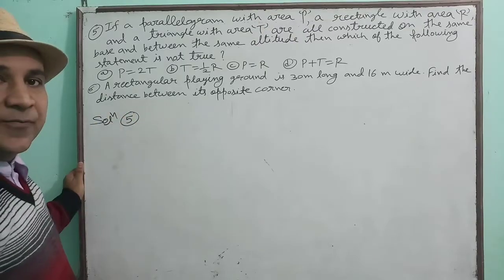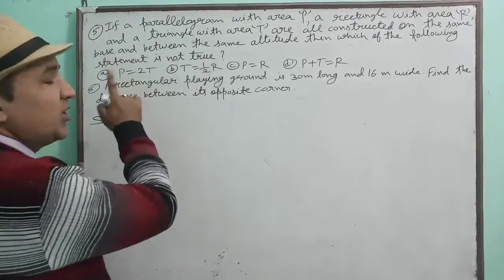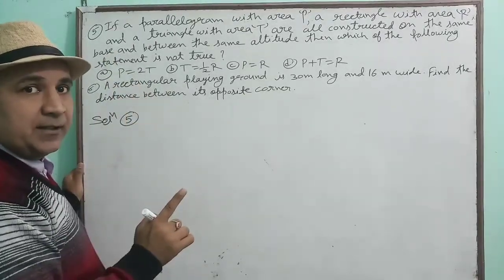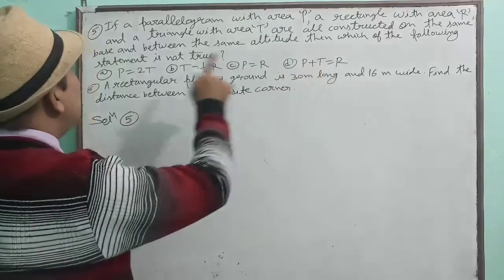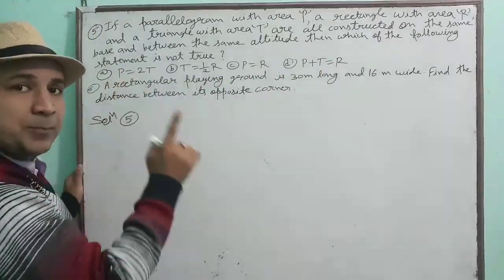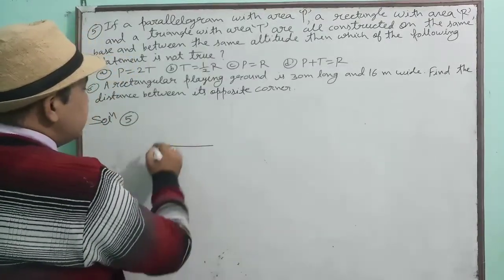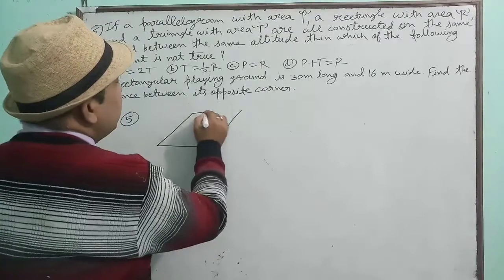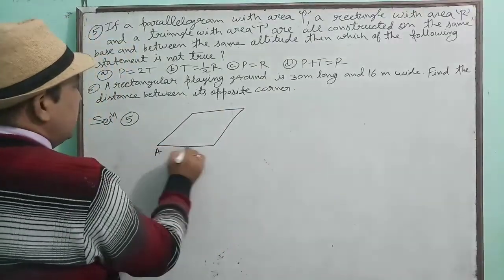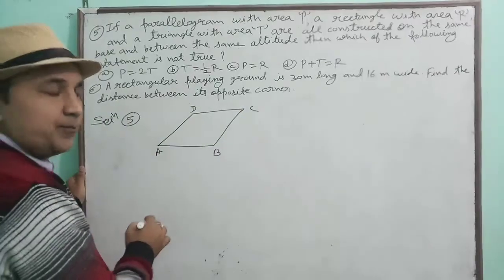Solution number 5. Here one parallelogram, one rectangle and one triangle, there are 3 things given. But the condition is all constructed on the same base and between the same height. Suppose this is the base on which one parallelogram is given. See this one. Suppose this A, B, C, D is a parallelogram.